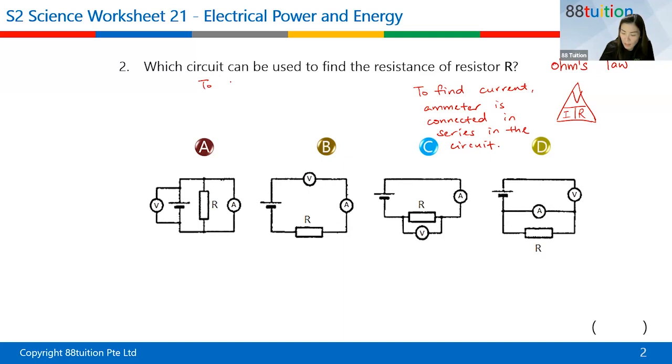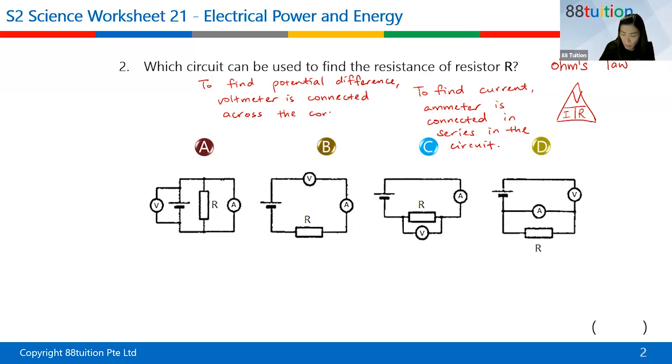Then to find potential difference, which is the voltage that we are looking for, the voltmeter is connected. Sometimes you can say in parallel, but I find it better to say that it's connected across.